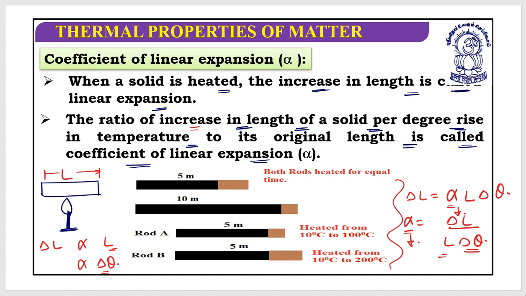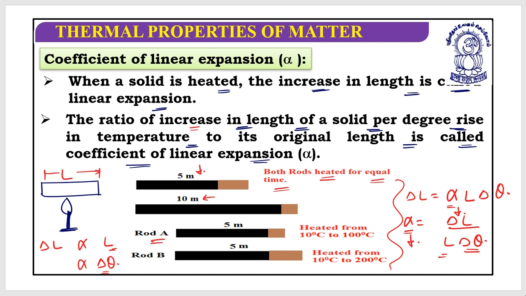Is it clear? Now look at this. We have two roads. One is of length 5 meter and another is of 10 meter. Let's suppose both roads are heated for equal time.